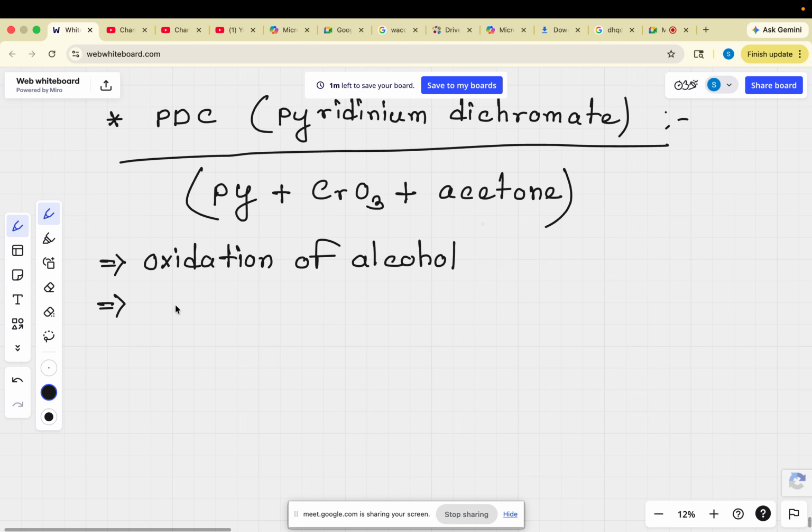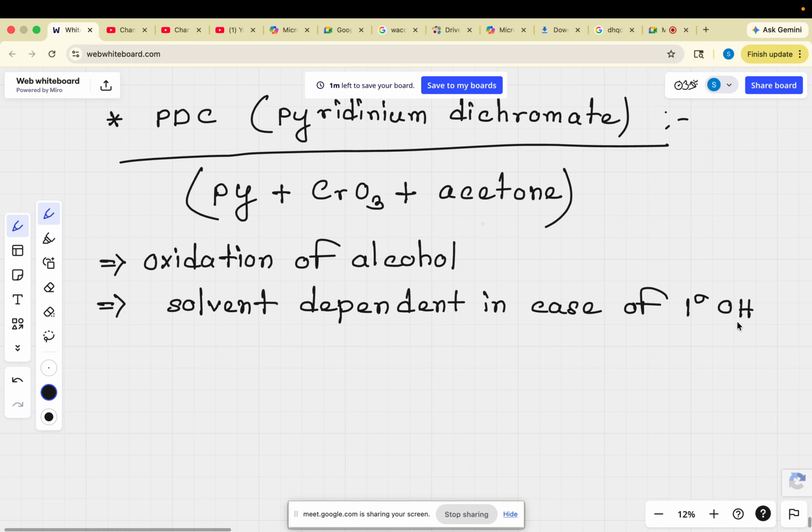And the second point is that it is solvent dependent in the case of primary alcohol. Solvent dependent in case of primary alcohol.